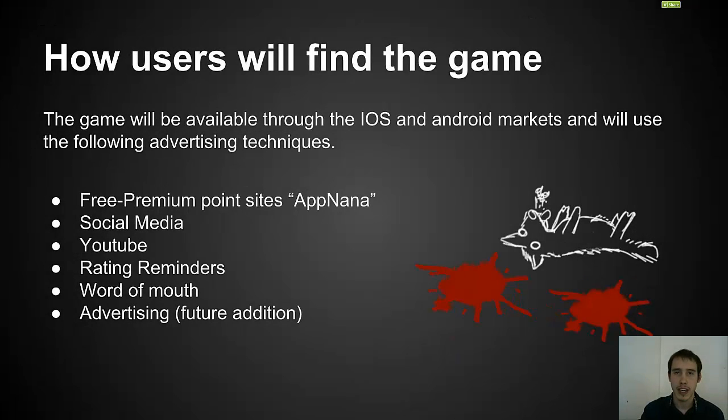To ensure that my game is available to as many users as possible, I have chosen to use applications such as the AppNana site to get initial downloads going through an advertising system, making it possible to link through social media, YouTube, rating the game on the App Store, word of mouth, and in future advertising.